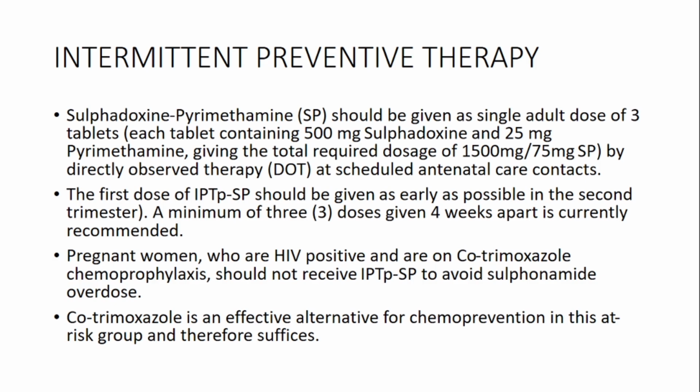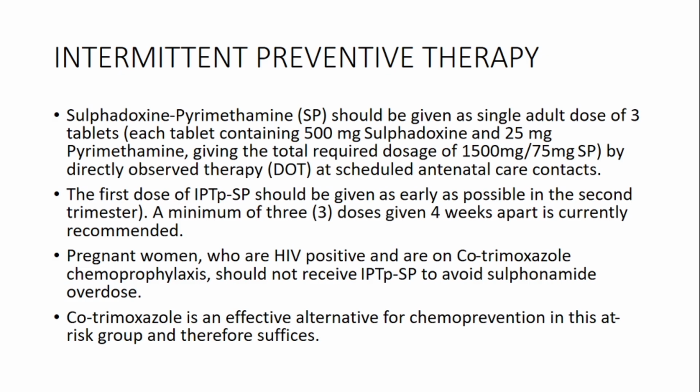So this is done using sulfadoxine pyrimethamine, and it typically comes in a fixed dose combination in which one tablet contains 500 milligrams of sulfadoxine and 25 milligrams of pyrimethamine, and 3 tablets are administered, giving a total dose of 1,500 milligrams of sulfadoxine and 75 milligrams of pyrimethamine.